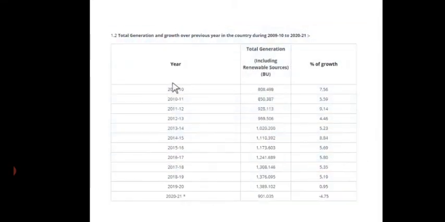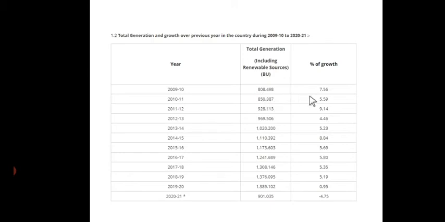Here is also some data on total generation and growth over the previous year in the country during 2009 to 2020. In 2009-10, including renewable sources, there is a percentage growth of electricity: 808.498 billion units, that is BU, we generated in 2009-10.